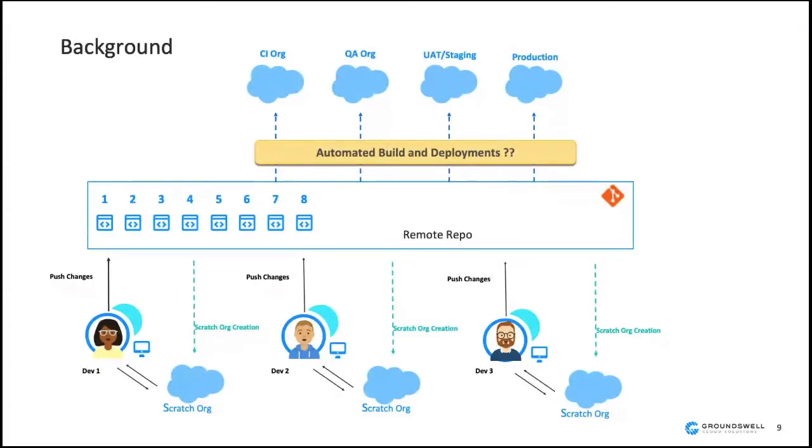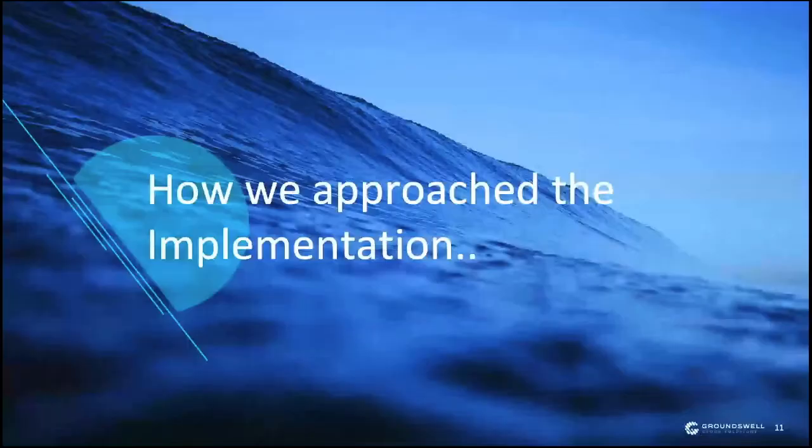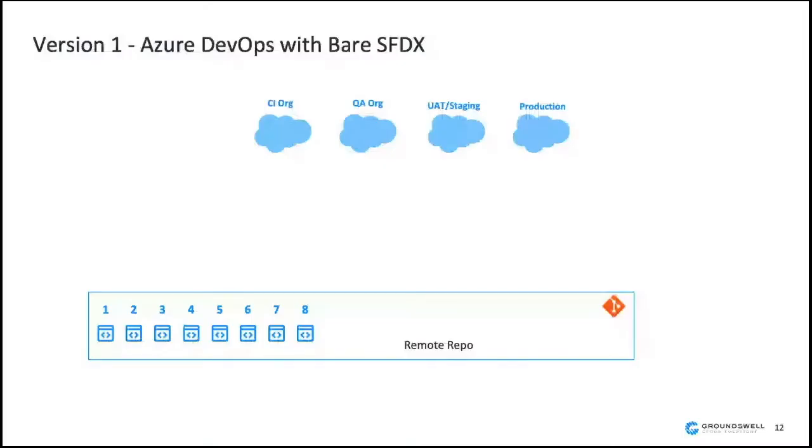And I think this is the point where I really want to talk about how we approached the implementation. So with this, we were aware of the fact that the customer was using Azure DevOps as their CI/CD service for the rest of their technology stack. So they were using other technologies as well at the time.